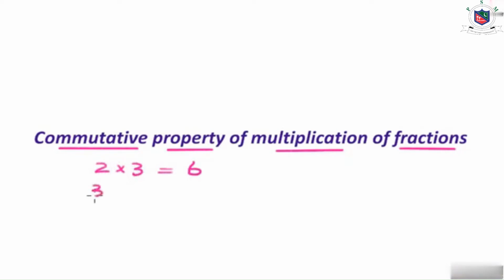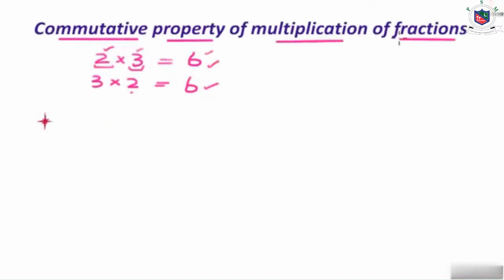You can see that here I am multiplying 2 and 3 and we get the answer 6. If I multiply 3 by 2, I also get 6. 2 and 3 are whole numbers. So, it means the commutative property of multiplication is the same for whole numbers also.